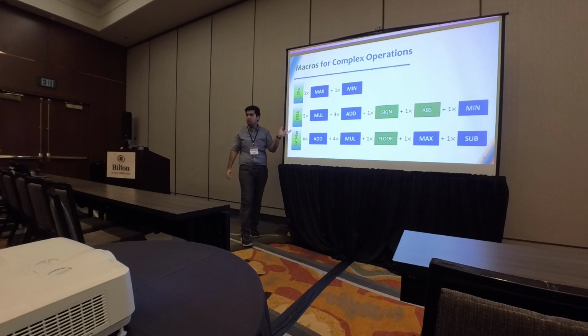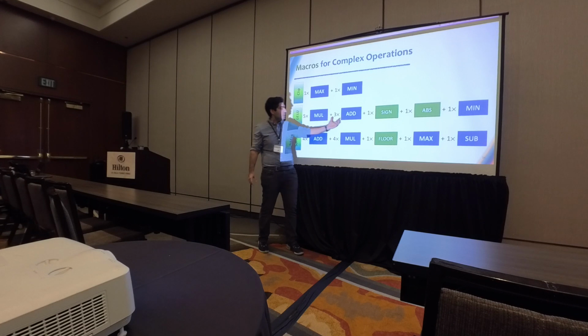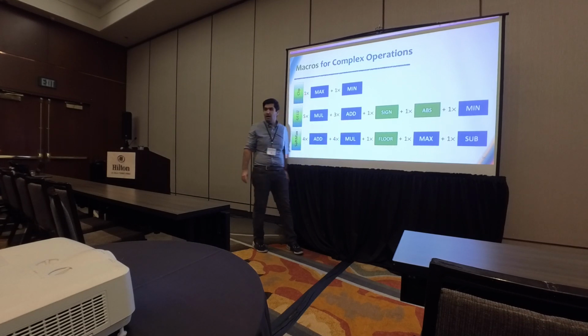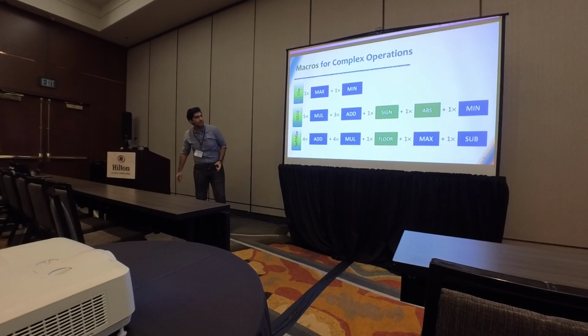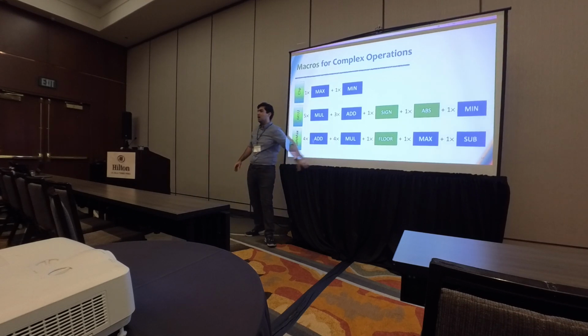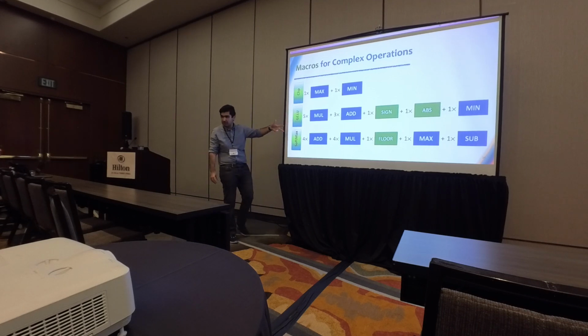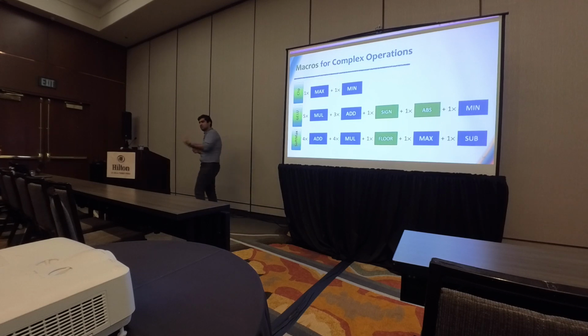For example, GELU can be implemented with a number of multiplications, additions, sign, abs, and min, and softmax can be implemented with a combination of these primitives. Whenever we need to support more complex operations, we can combine primitive and higher order operations to write macros.